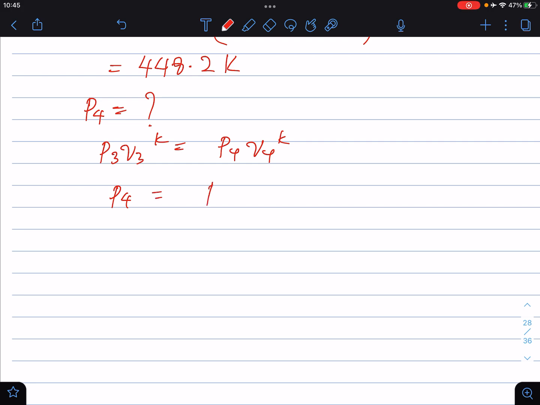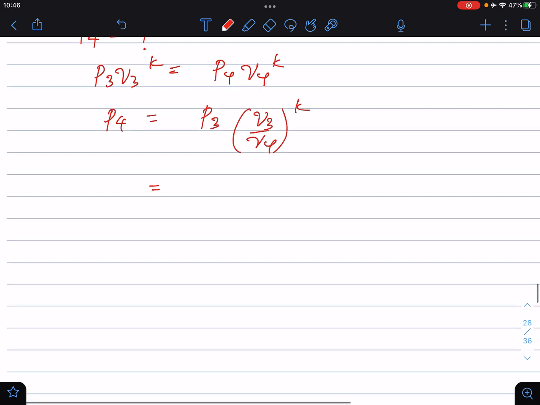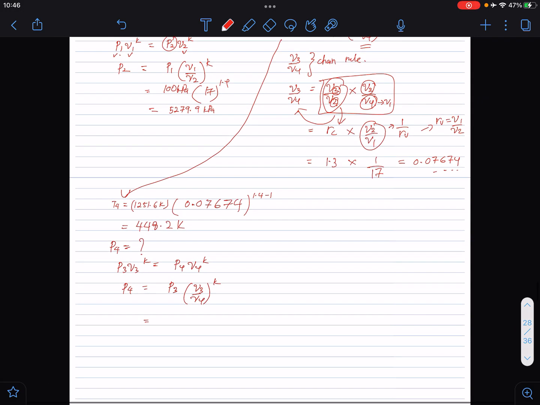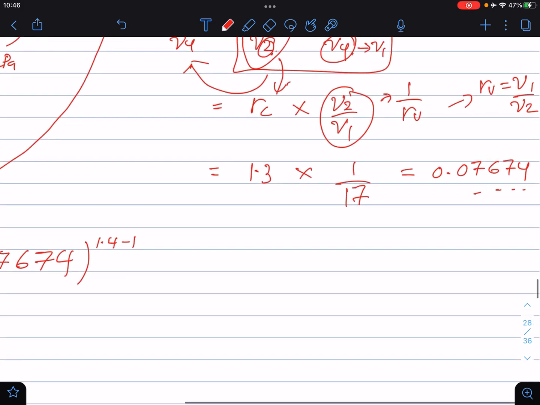P4 equal to P3 times V3 over V4 power of K. Okay, so since we already know the value of V3 over V4, just now we get 0.07674.